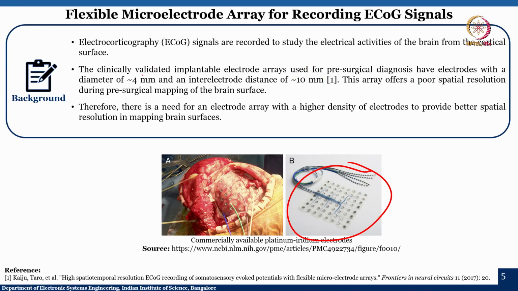The 4 mm with 10 mm is not good enough to get all the signals. The resolution can be improved with a larger number of electrodes at a lower distance between two. Therefore there is a need for an electrode array with a higher density of electrodes to provide a better spatial resolution in mapping brain surfaces.